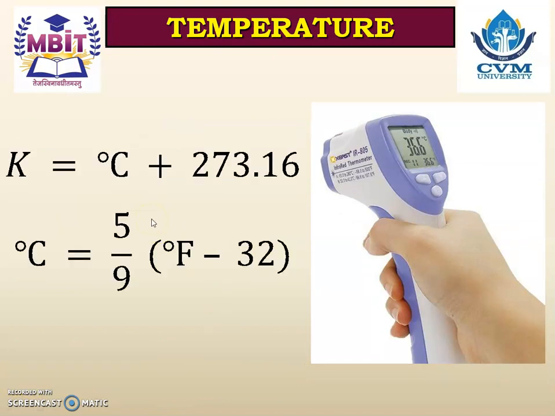And temperatures given in different units can be converted from one unit to another by using these two equations. Temperature in Kelvin is equal to degree Celsius plus 273.16, and temperature in degree Celsius is equal to 5 by 9 into bracket degree Fahrenheit minus 32.